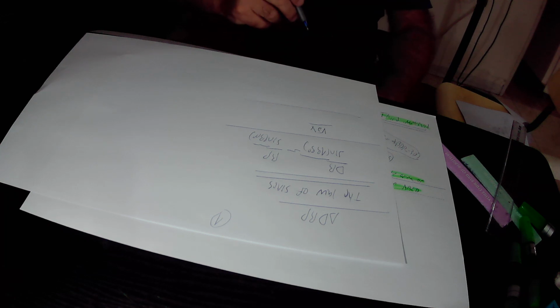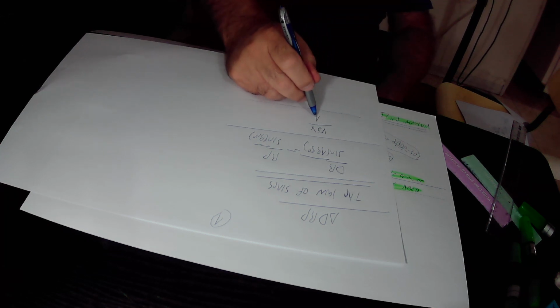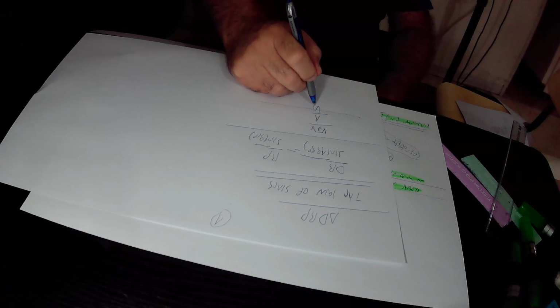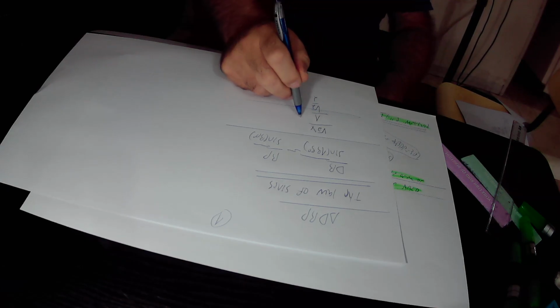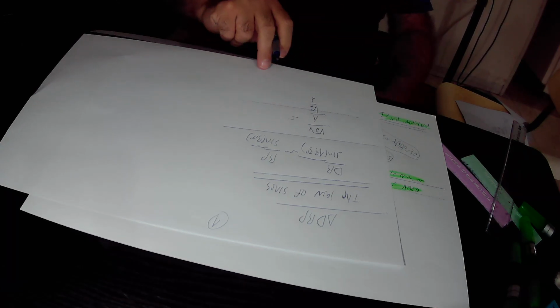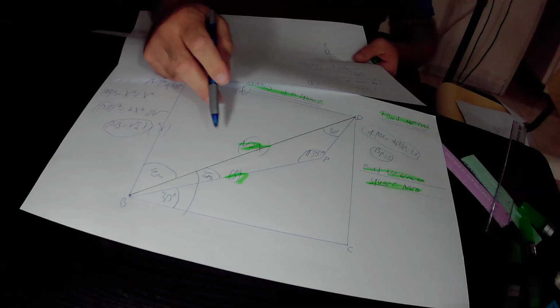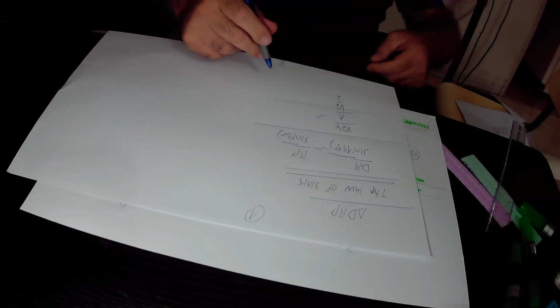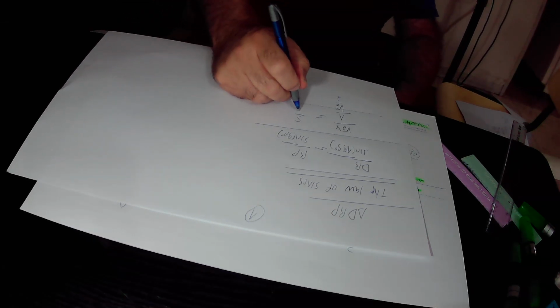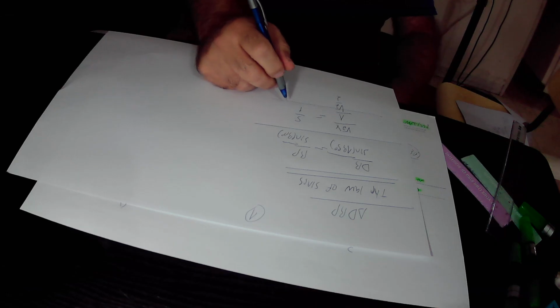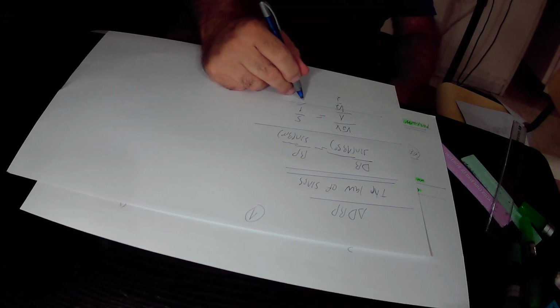Sine 135 degrees is equal to the square root of 2 over 2. And it equals BP. BP is 5 according to what is given in the question, over sine 30 degrees. Sine 30 degrees is 1 half.